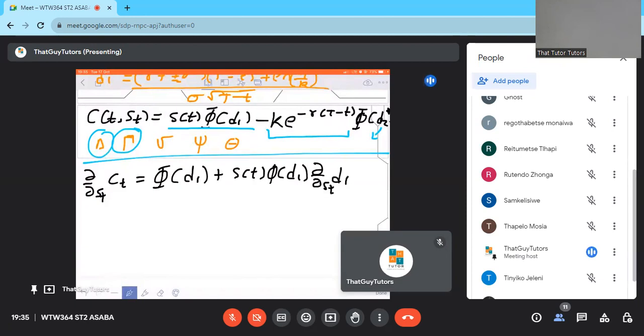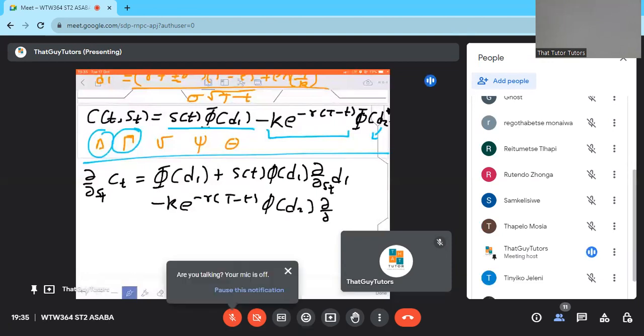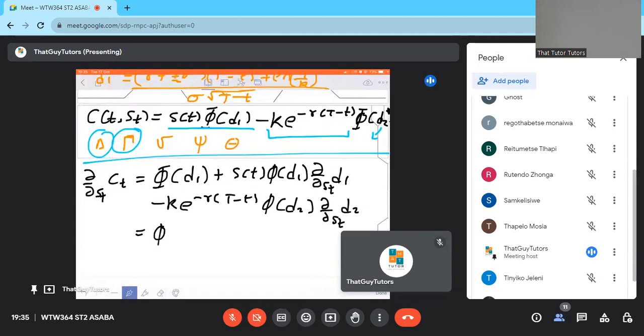And then you would have this D2, then you would differentiate this with respect to D2. So basically what you would have now is this D1, and then the remaining ones.